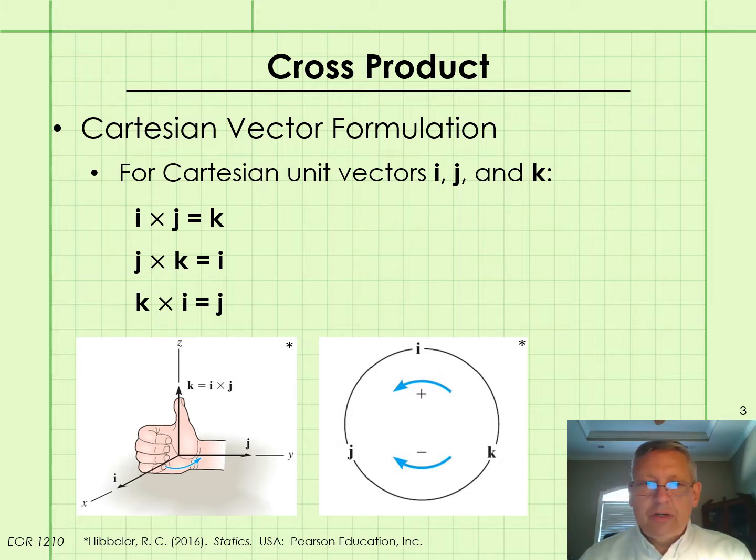And we'll start out by saying that i cross j equals k, and let's see if we can figure out why we can say that.